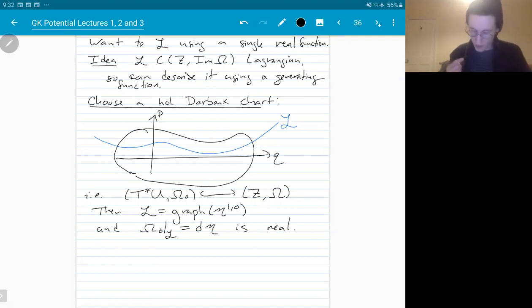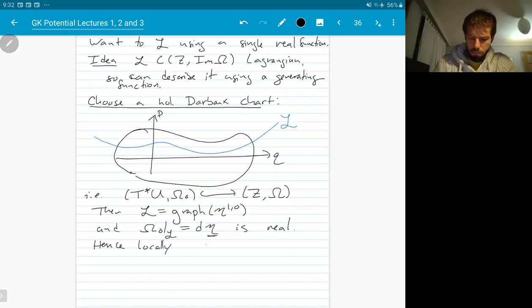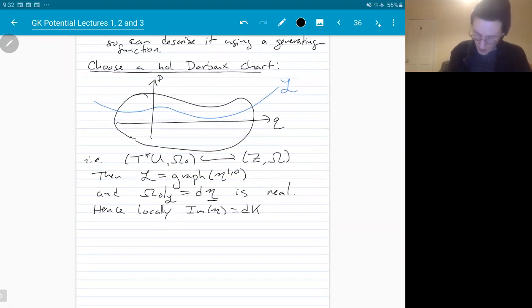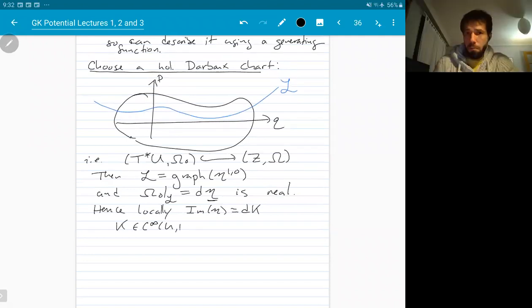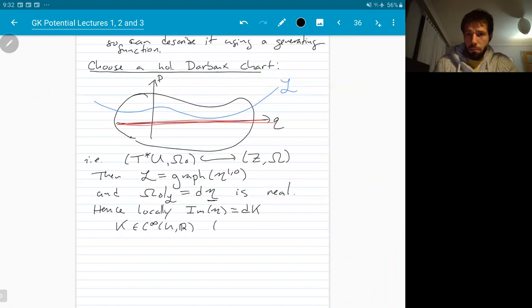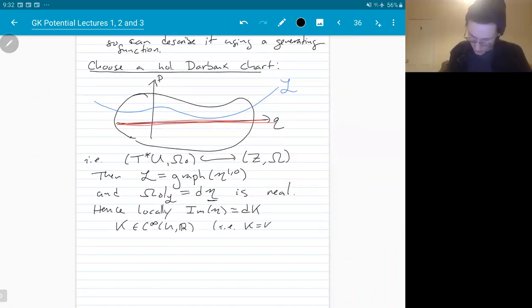In other words, the imaginary part of this one form eta is closed. So locally, at least, the imaginary part of eta is equal to the derivative of a function k. And k here is a real function, and it only depends on half the coordinates, right? It only depends on the base of the Darboux chart. So k is something that depends on q and q bar.